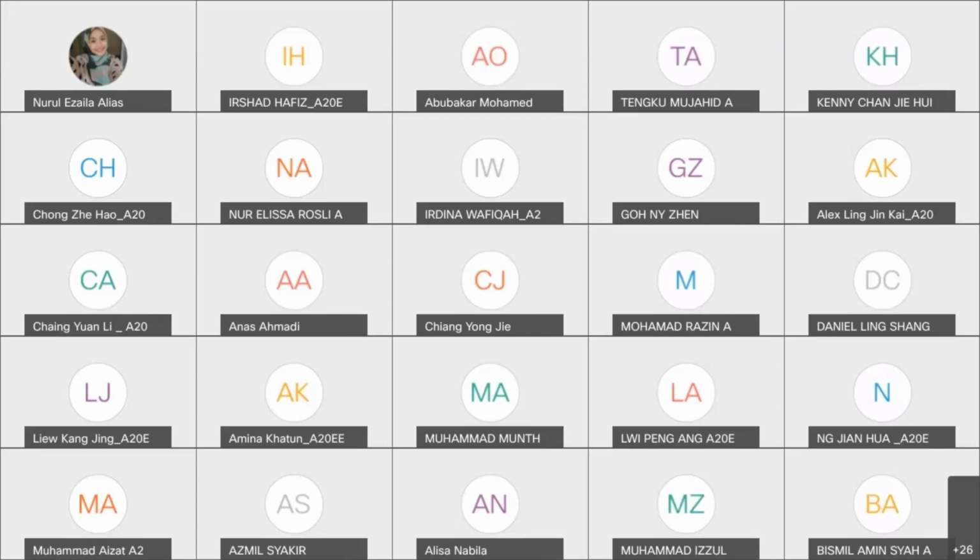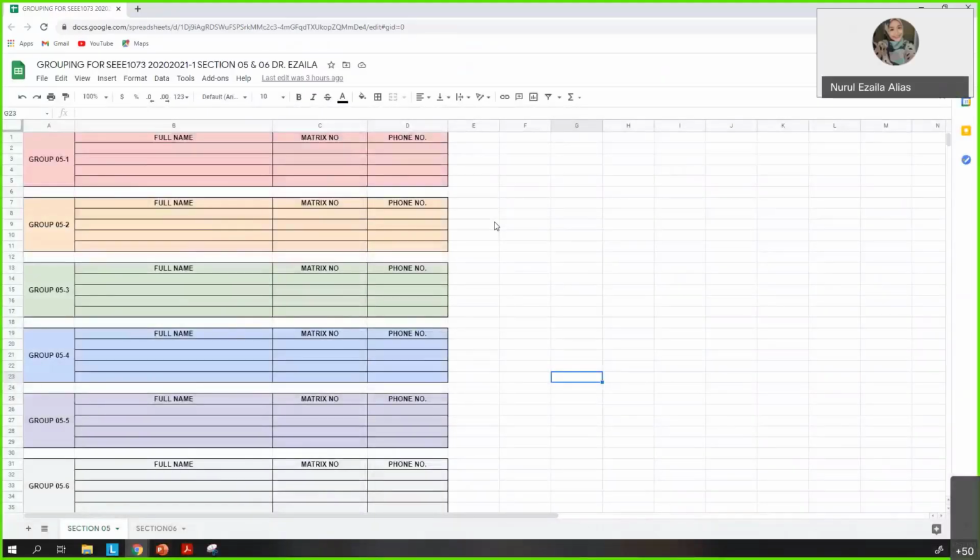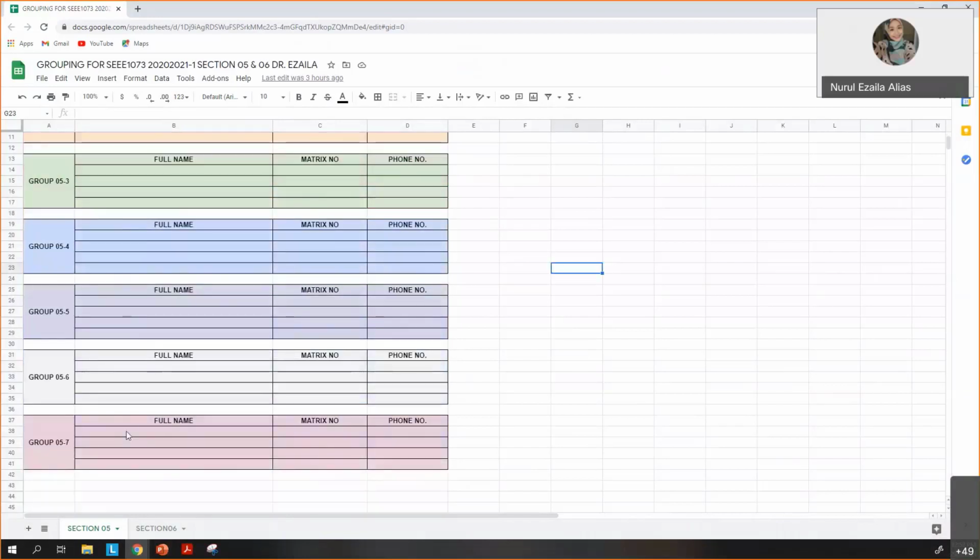Later in the group, I will give you this. In this assessment you have an assignment. I don't want an individual assignment. It must be assessed as a group, like the coordinator said. For section 5, I have about 7 groups.